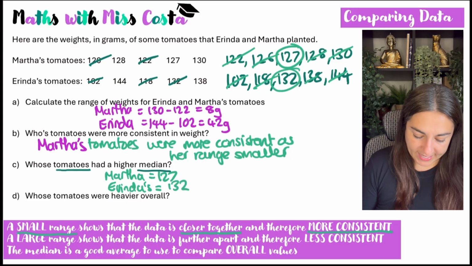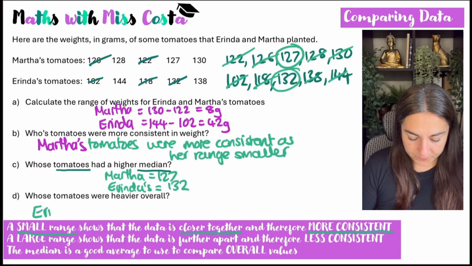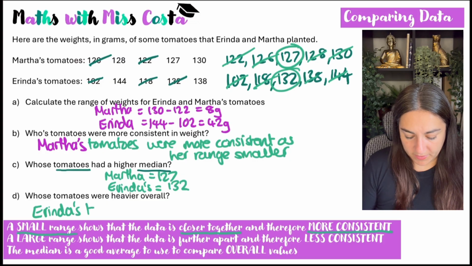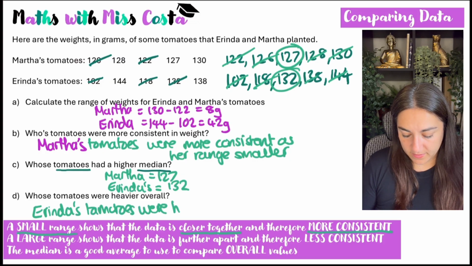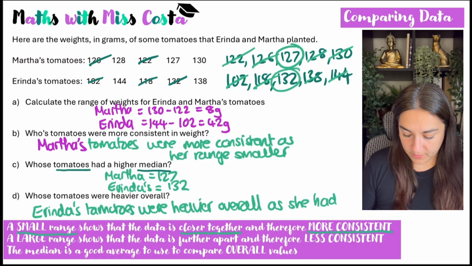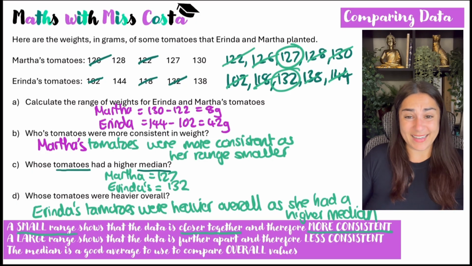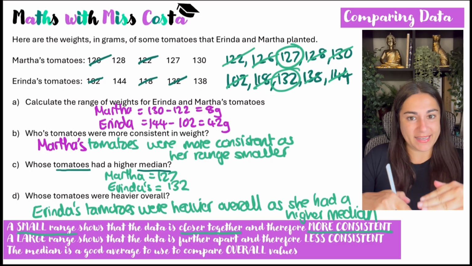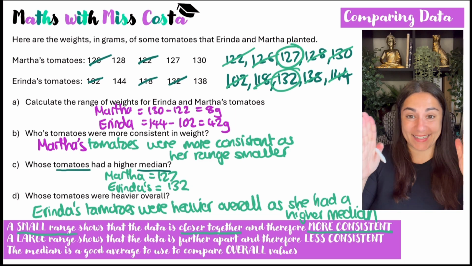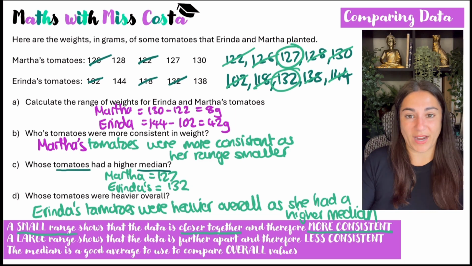So I'm going to say that Irinda's tomatoes were heavier overall as she had a higher median. Okay, so the way to compare the overall data is we generally look at the median, and the way to compare how consistent it is we look at the range.